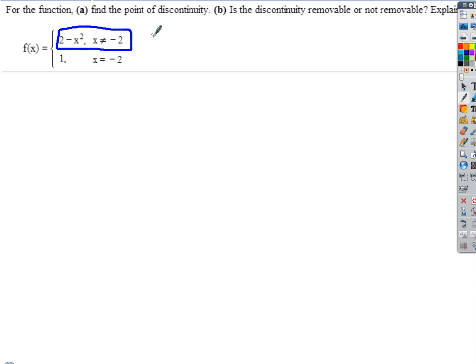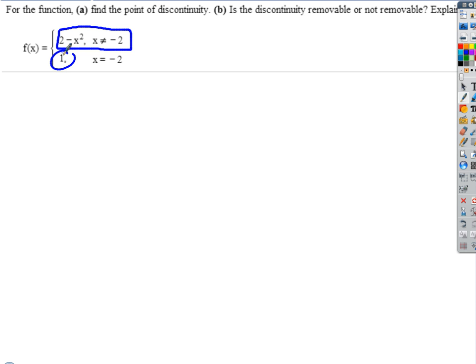So in what case would the function be continuous? If the limit of 2 minus x squared as x approaches -2 is? No? Right? Does that make sense?